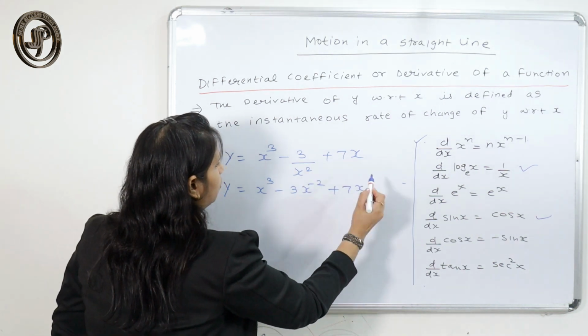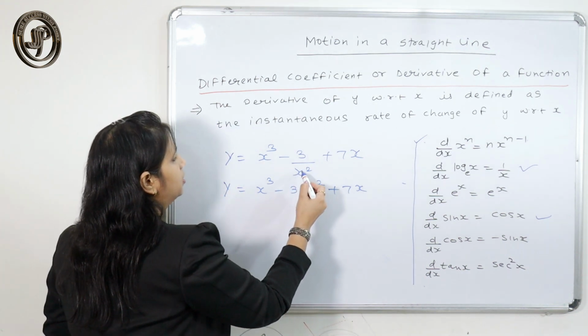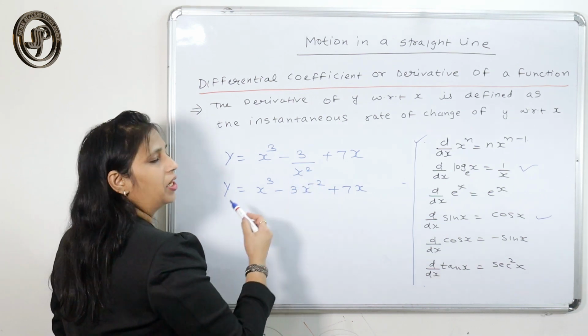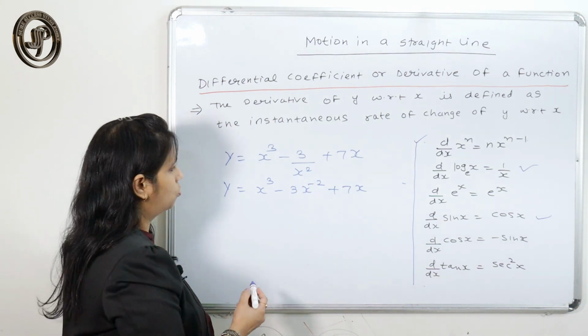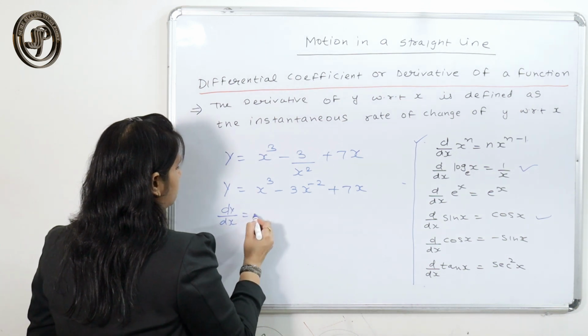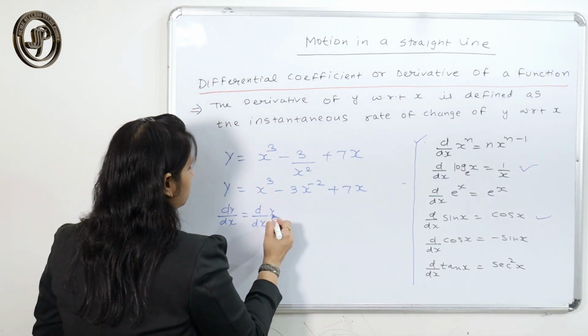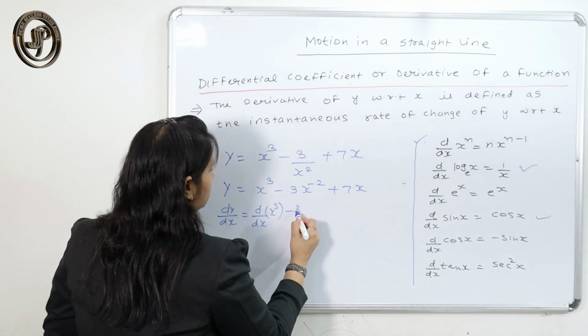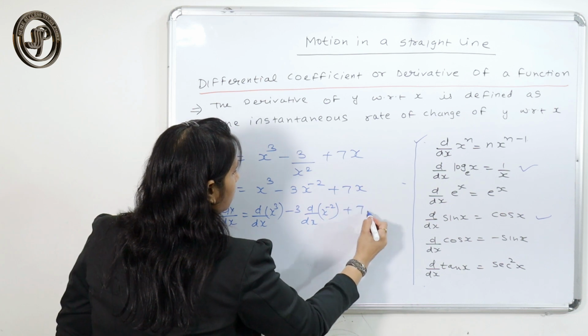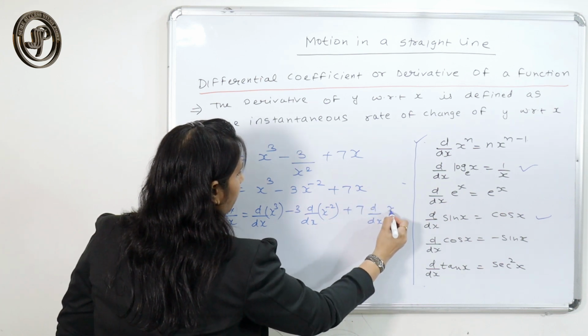I take x raised to power 2 into the numerator, so that it becomes x raised to power minus 2. Now I just find the derivative: d by dx of x raised to power 3 minus 3 d by dx of x raised to power minus 2 plus 7 d by dx of x.